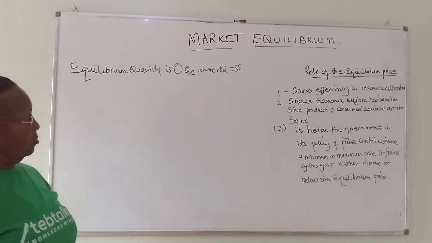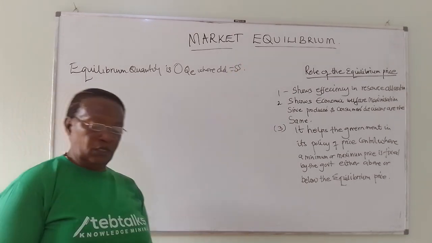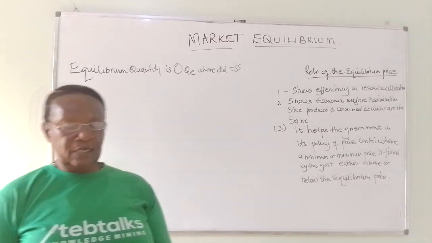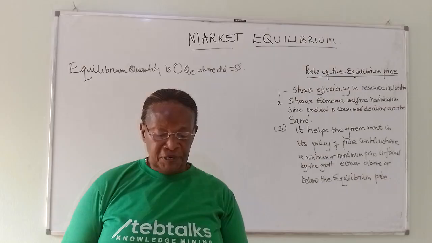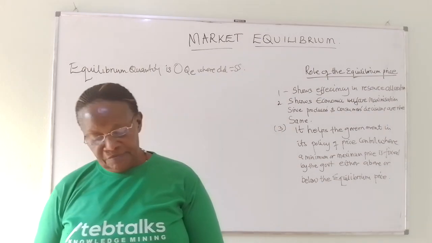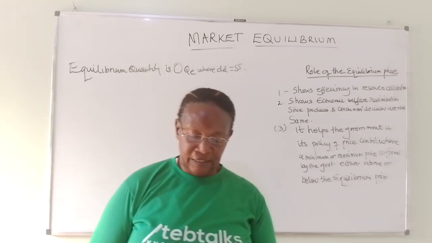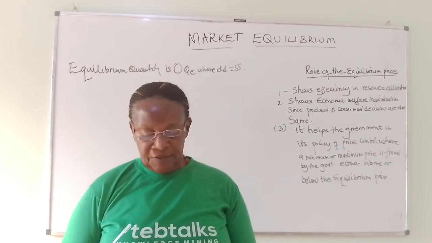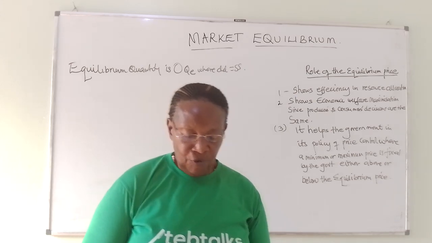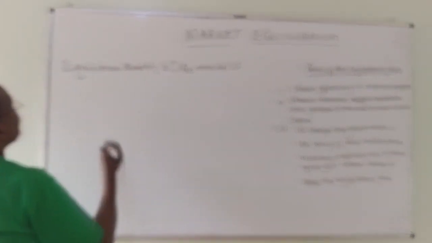So that quantity all the way from 0 to QE is the equilibrium quantity, and it is again established where our demand and supply intersect each other. And this is the quantity exchanged when the market is in balance.